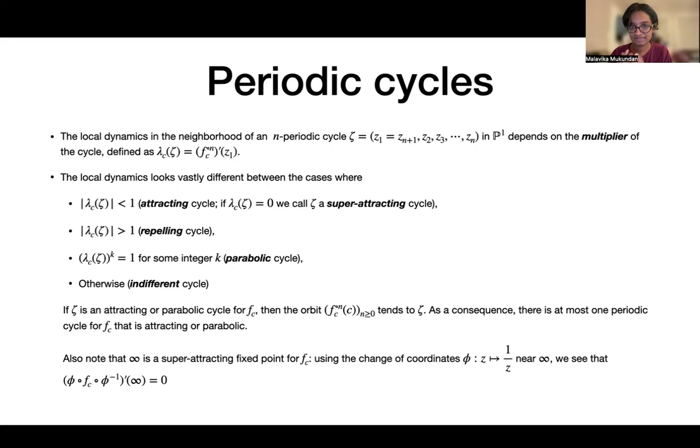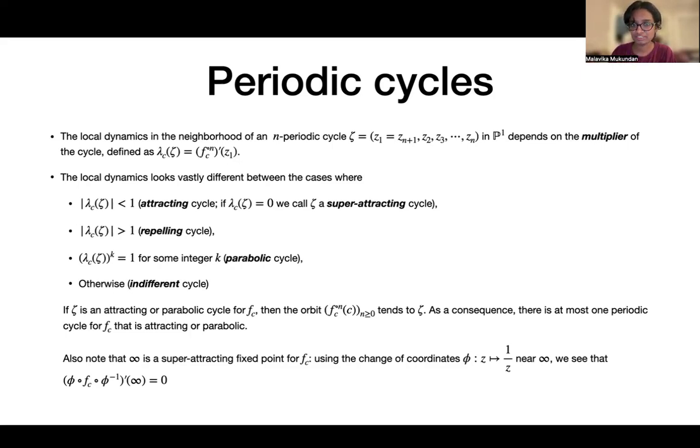Given any cycle zeta of period n for a specific polynomial f sub c, we define the multiplier to be the derivative of f iterated n times at any point in the cycle. That is, of the first return map rather. Take any point z, for example z1, inside an n-periodic cycle.